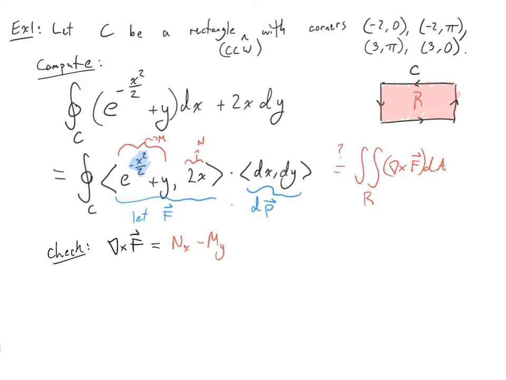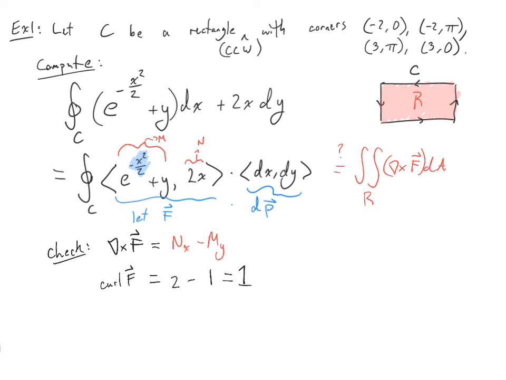And what I get for N_x, for the curl of F, is 2 minus what I get for M_y. Well, with respect to y, that e to the minus x squared over 2 is a constant, so I just get 1 from the y, which adds up to be 1.